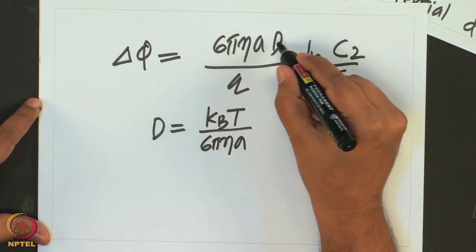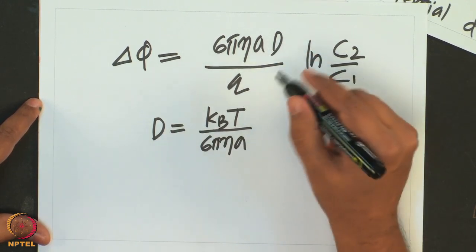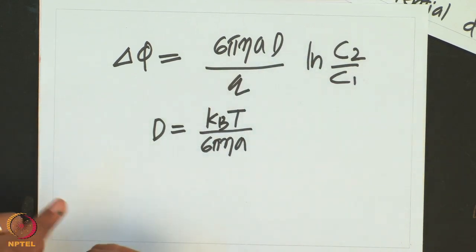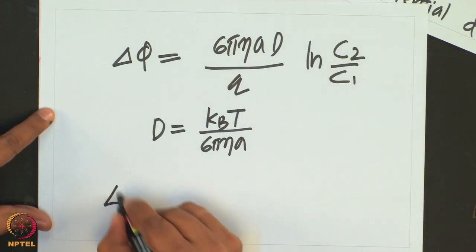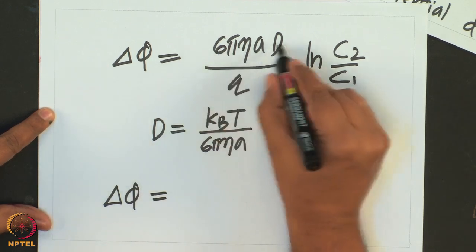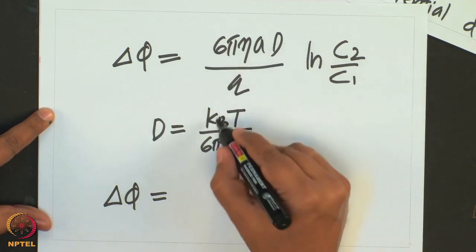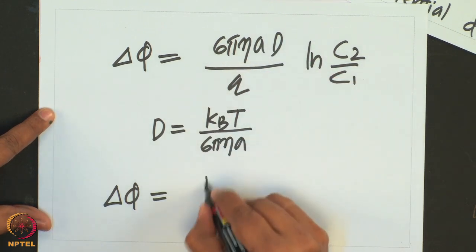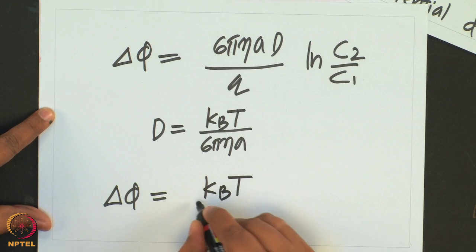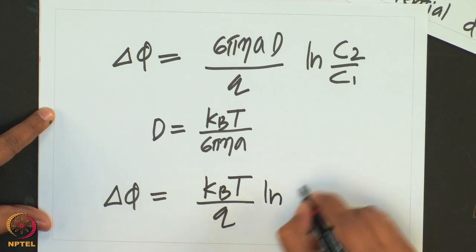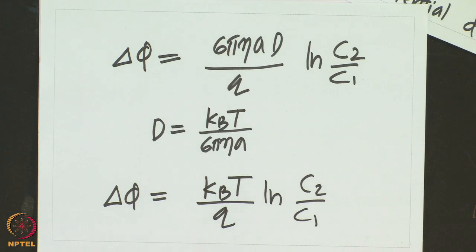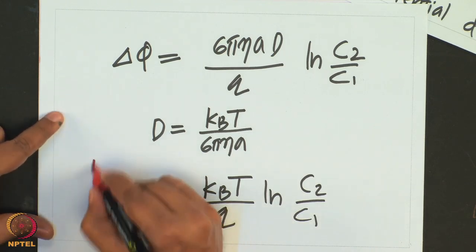Substituting d as kBT by 6 pi eta a, the 6 pi eta a will cancel, and I will have delta phi equal to kBT by q into log of C2 by C1. So, this is another form in which the Nernst equation is taught.